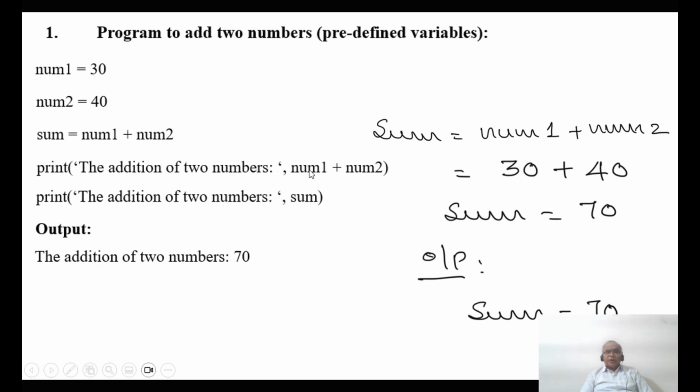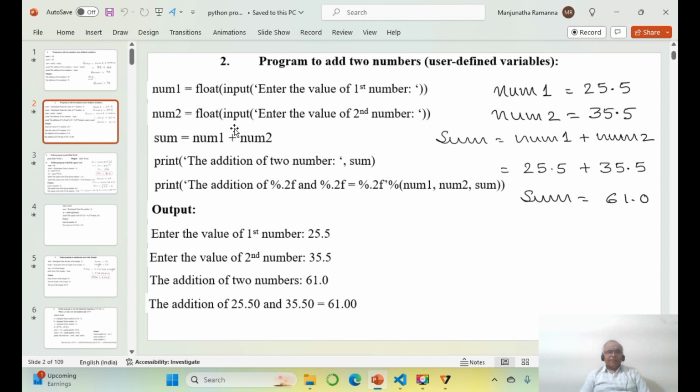Similarly, the addition of two numbers is equal to 70, because this is the variable which I am using. The addition of two numbers we have to store in a particular variable. The variable I am considering here is sum. That is why it is equal to num1 plus num2. So this is how we will be able to execute the program.